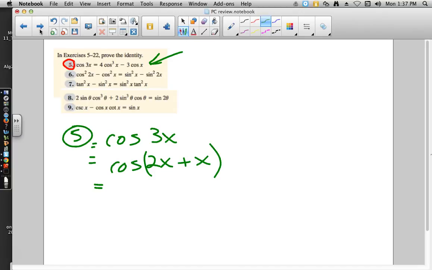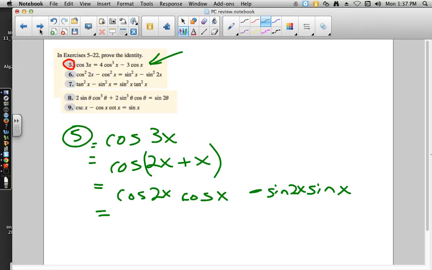And that pattern again was cosine, cosine, sine, sine. But with cosine, if we are adding the angles, we have to put subtraction in there. So this will be cosine of 2x, cosine of x, sine of 2x, and sine of x.